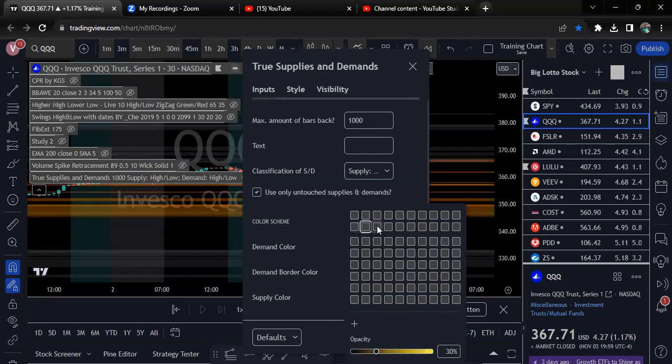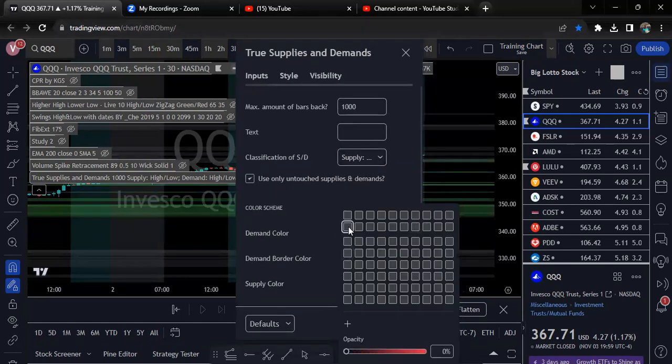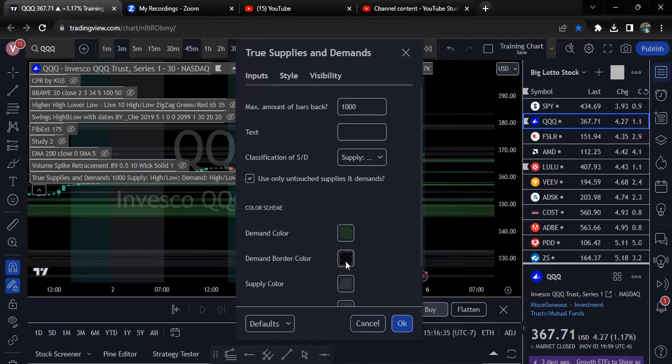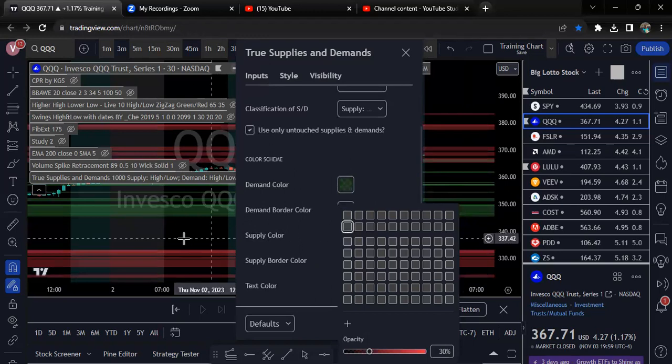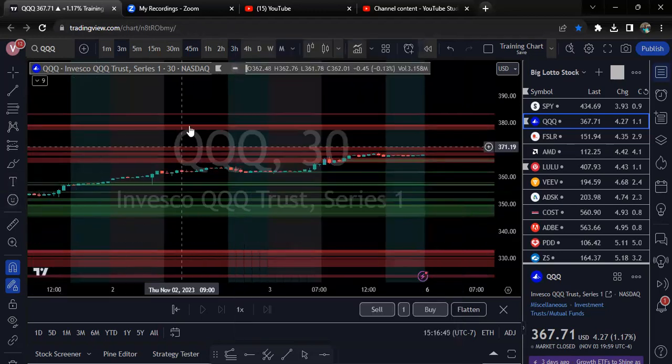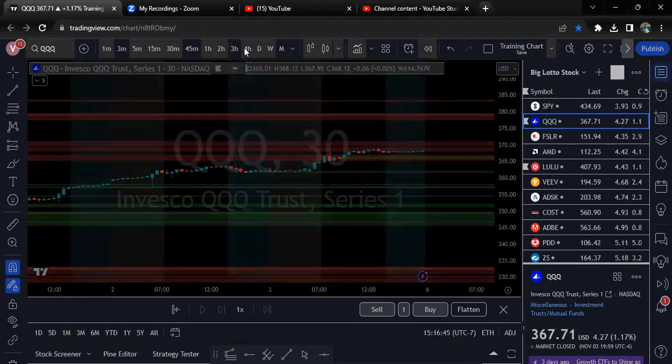That's why my colors don't show. And the supply, we're changing it to red. Now, on a lower time frame, you see a lot of it. You want to know on a higher time frame.